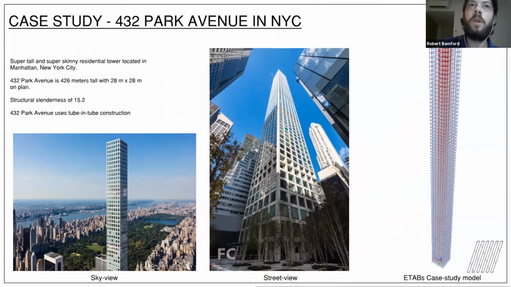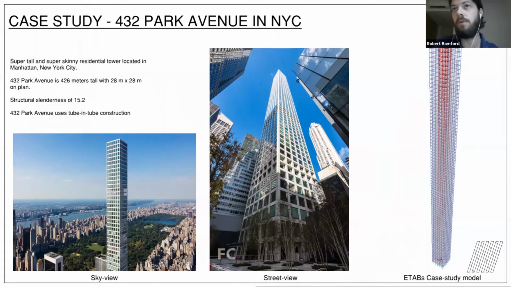We also carried out a case study on this super tall, super skinny resi in New York. So we recreated this building, which is a very sophisticated design, but obviously very portalized.